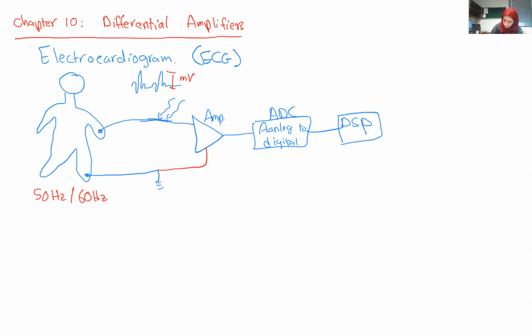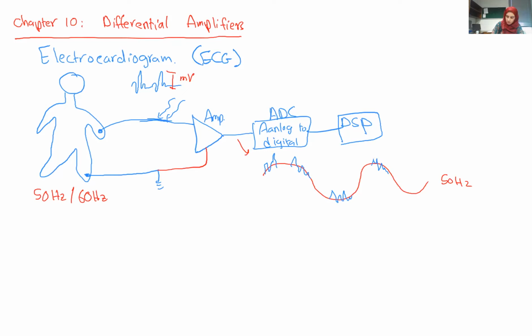So you will have the 50 hertz wave on top of those small heartbeats coming every heartbeat. So your signal will be quite corrupted. The 50 hertz will have a much larger amplitude compared to the amplitude of the ECG signal. So our desired signal is unfortunately going to be highly corrupted.